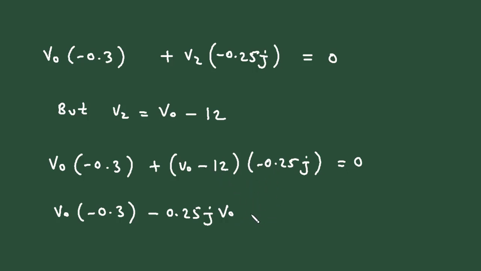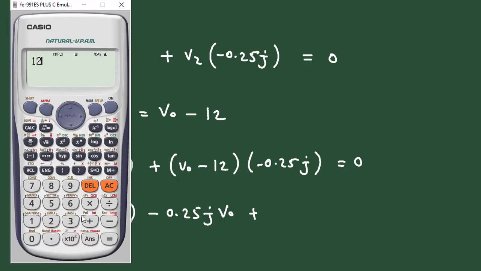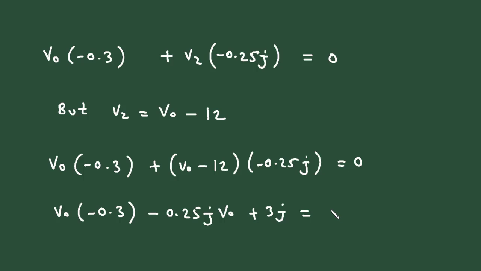Then this minus minus will be plus, so 12, or we can multiply minus 12 with minus 0.25 into j. So it is equal to 3j. Now it is equal to 0.